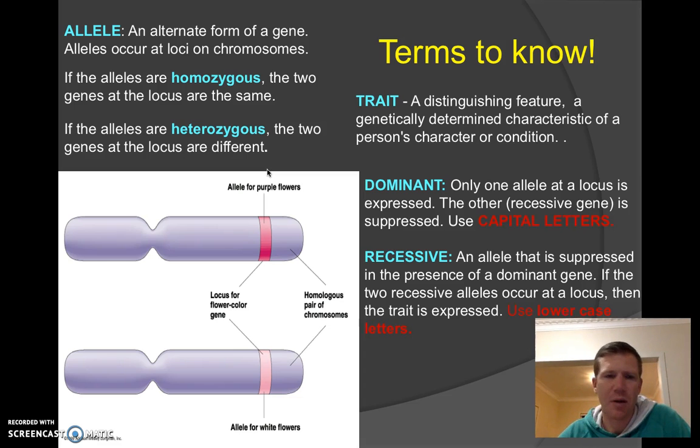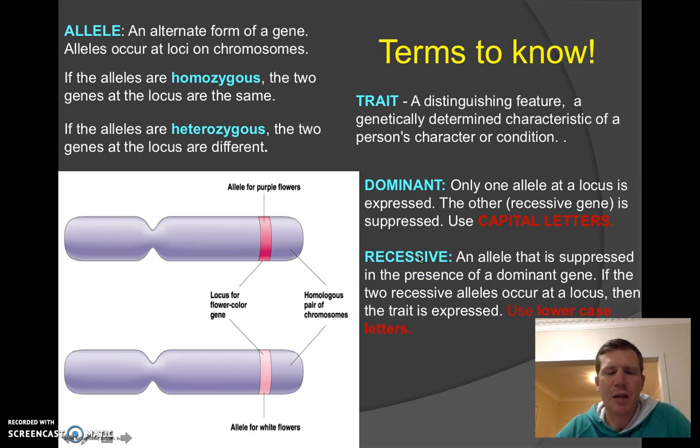That trait might be height, skin color, hair color, eye color, and lots of various other things. On a chromosome we have a particular gene on a spot, and those corresponding spots on the two corresponding chromosomes are called alleles.